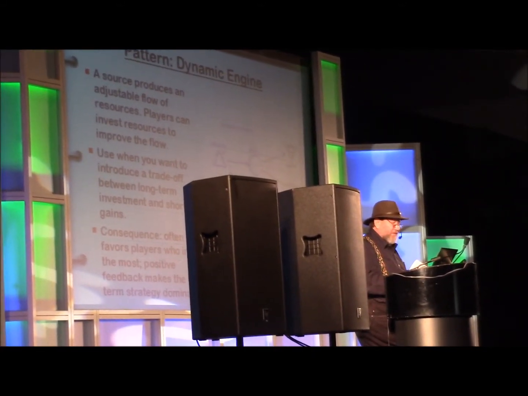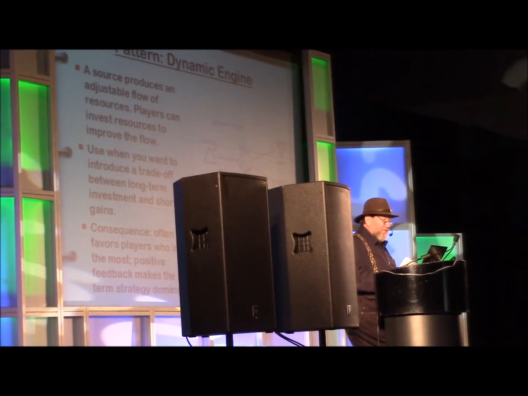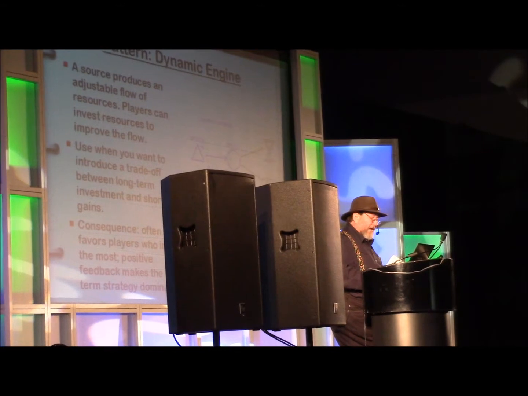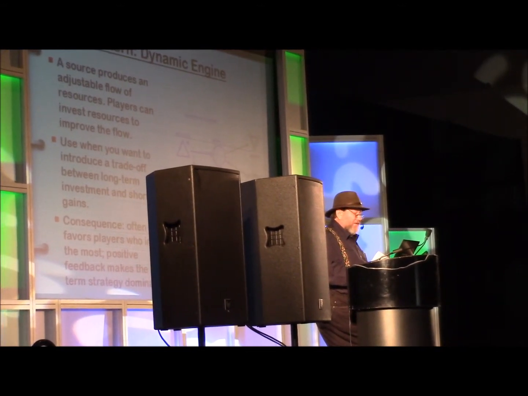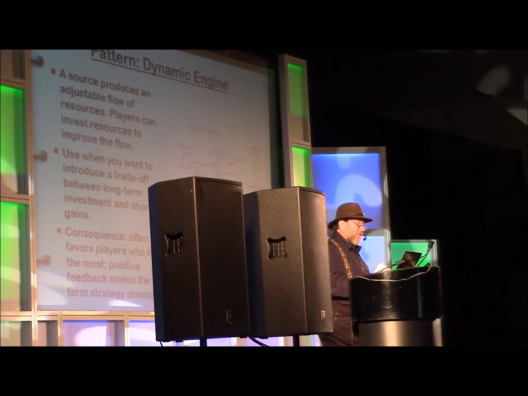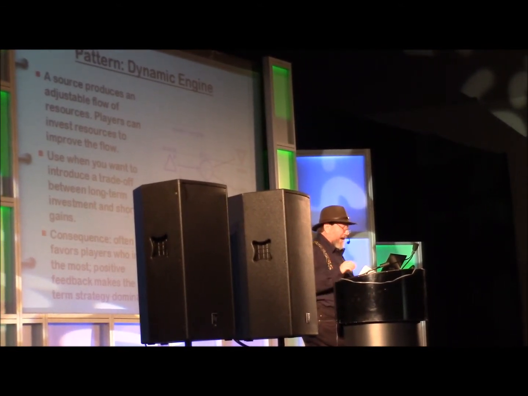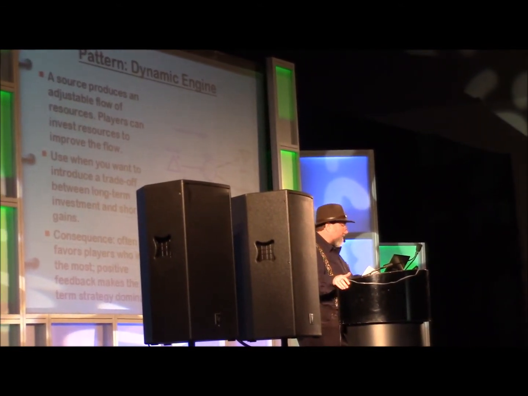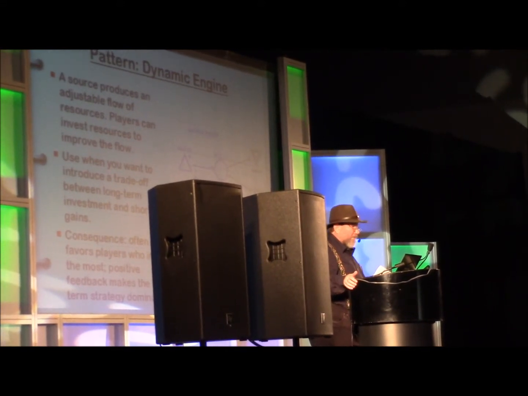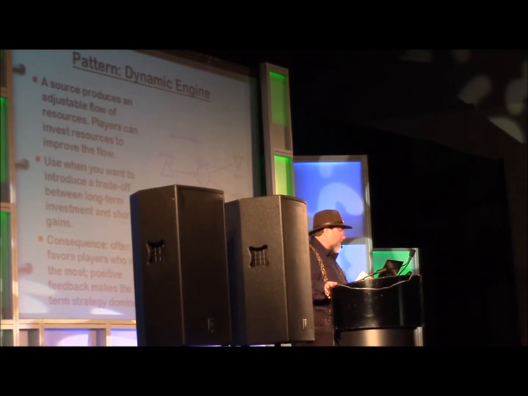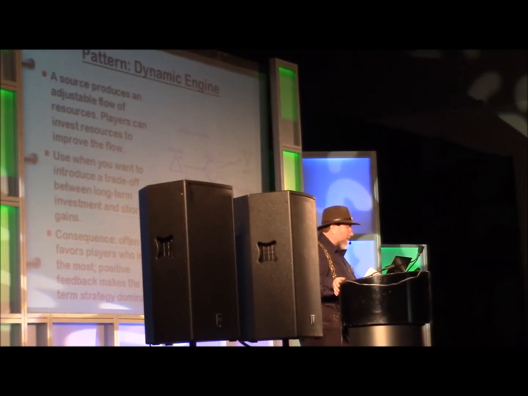You can take the energy from this pool, convert it into an investment in an upgrade, and the upgrade transmits this along to the source production rate. So it just improves the source production rate. And this allows you to create a trade-off between short-term and long-term play, because the player decides, okay, do I want to use my energy on actions right now, or do I want to invest in upgrades?